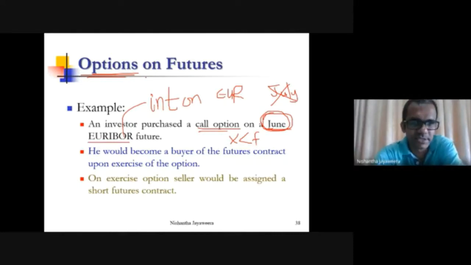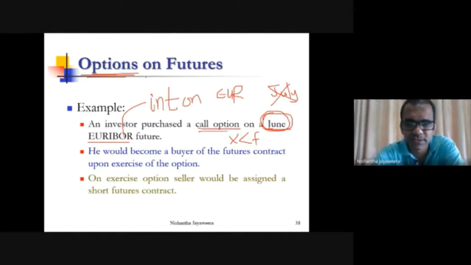That's the condition that you have to meet when you do options on futures transactions. Remember, the right that you get if it is a call option is to buy the futures contract that you agreed. If it is a put option, to sell the futures contract that you agreed.